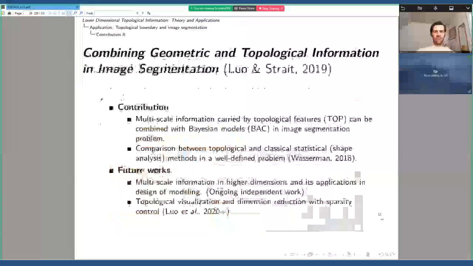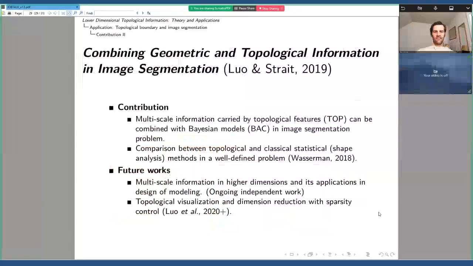But all in all, in this work, combining geometry and topological information in segmentation, our contribution is to utilize the multi-scale information carried by topological features, which can be combined with the Bayesian model's BAC in this specific image segmentation problem.